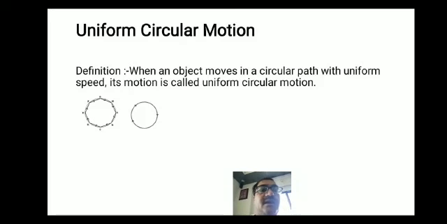So let's learn about the next topic, uniform circular motion. Here I have drawn two figures.